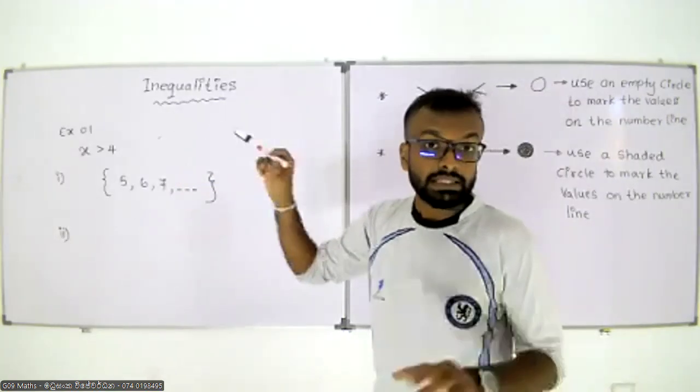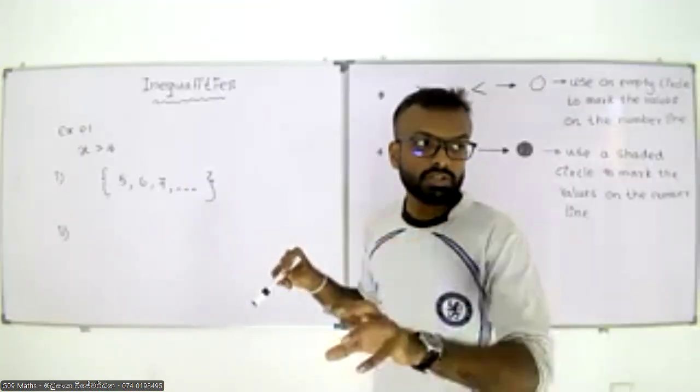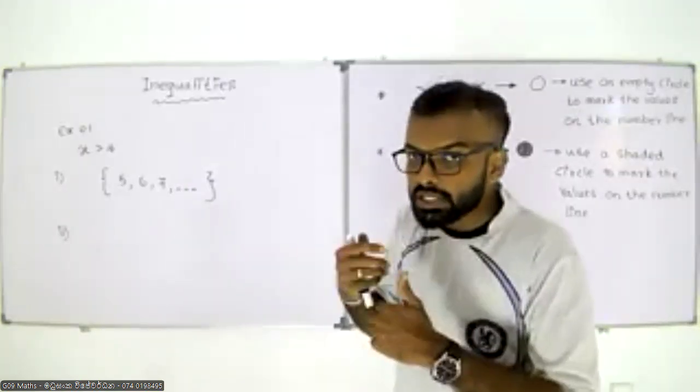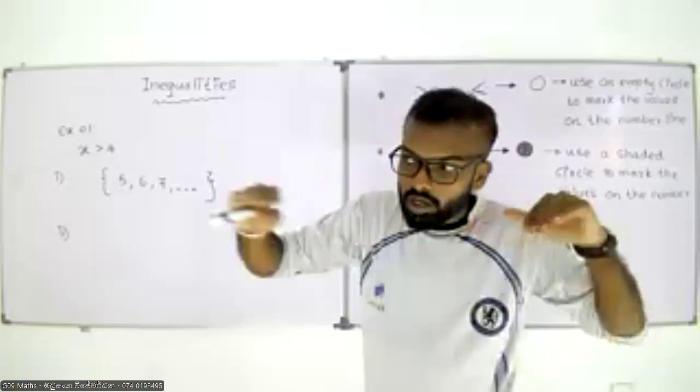In the second part, they are asking for the integral solutions to be represented on a number line. So you are going to represent these integral solutions on the number line.